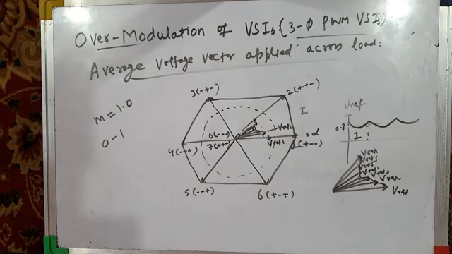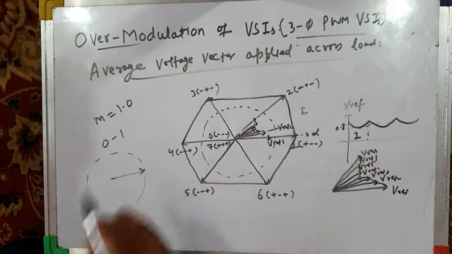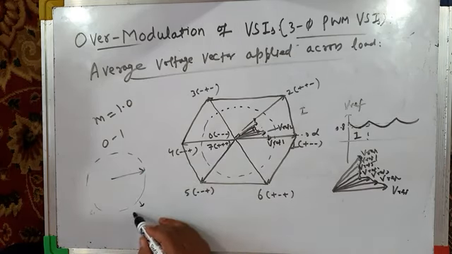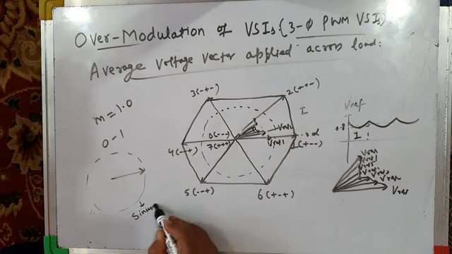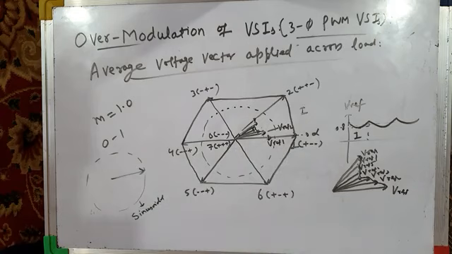And when the rotating reference vector does not trace a circular path, when its trajectory is non-circular, that is an indication of distortion in the inverter output voltage. If the rotating reference vector is rotating in a circular path, then that means the inverter output voltages, their average values, are sinusoidally varying. But if it traces a non-circular trajectory, it means that the inverter output voltage has some low frequency distortion.